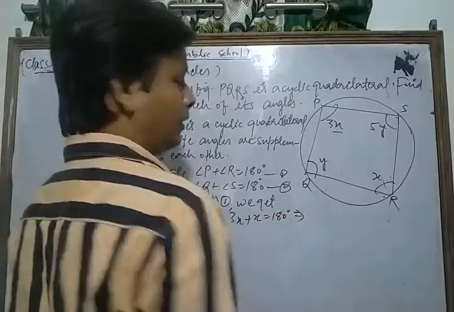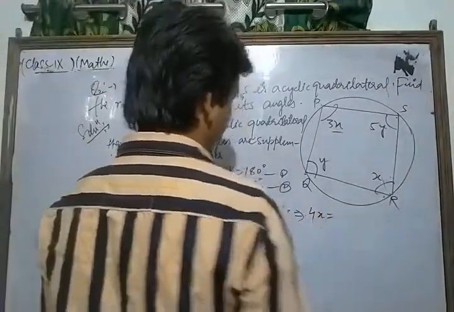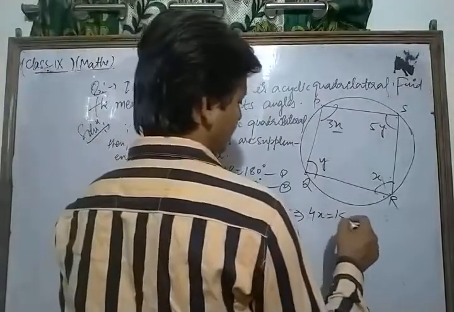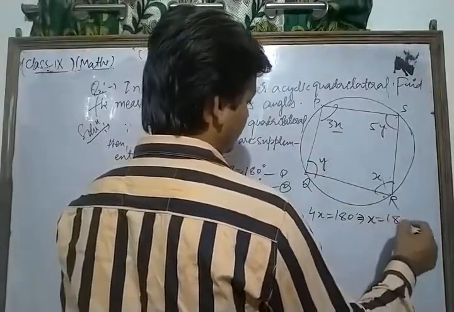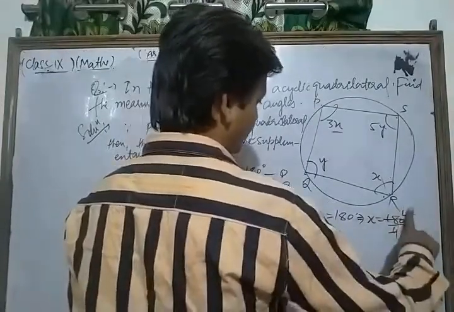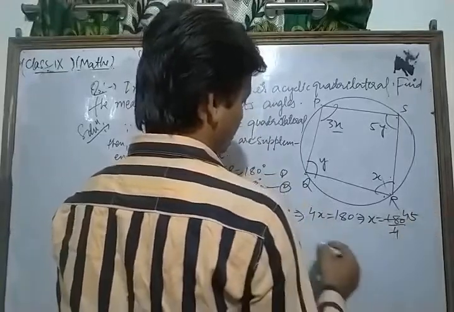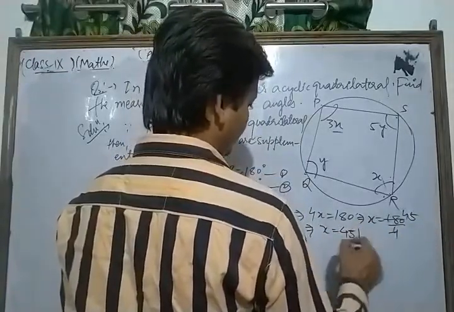From there we find 4x is equal to 180 degrees. So the value of x is 180 upon 4, which is 45. The value of x is 45.